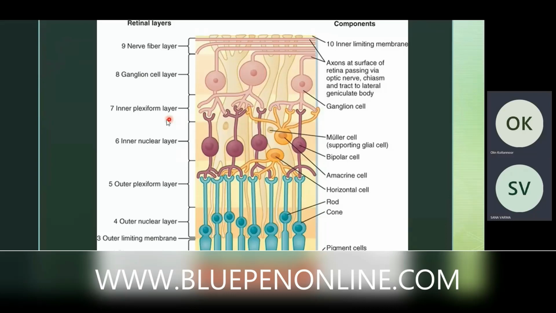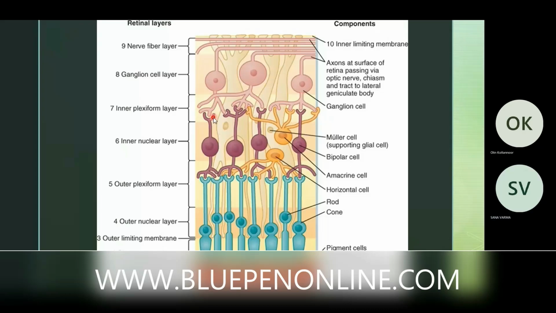The next one is the inner plexiform layer, in which we can see the synapses between the axons of bipolar neurons and the dendrites of ganglionic cells. Then next comes the ganglionic cell layer, where we can see the ganglionic neurons or ganglionic cells.